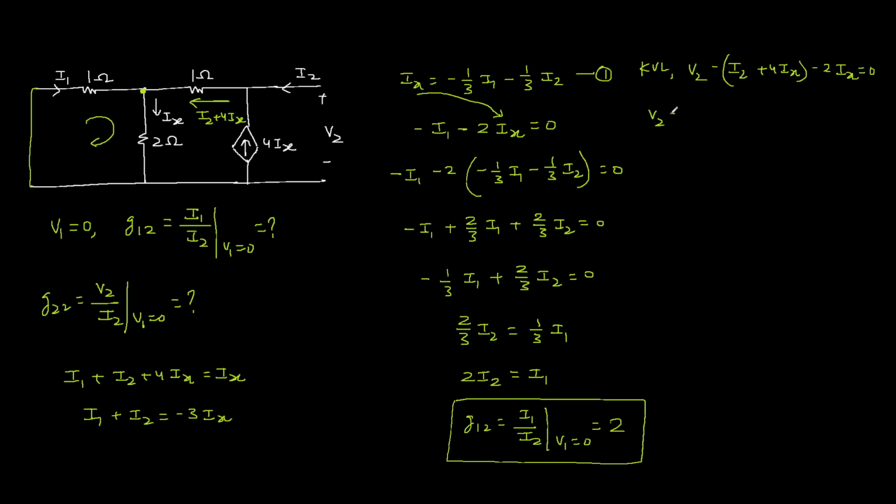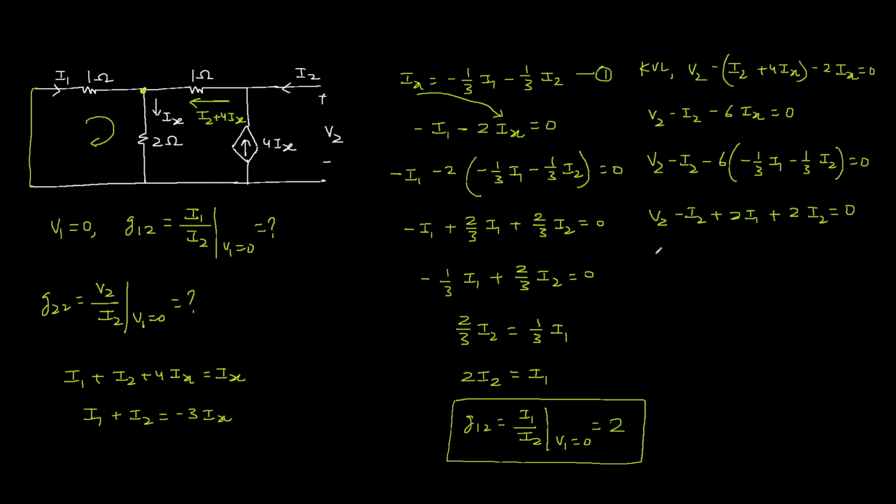So this is V2 minus I2 and then minus 4Ix minus 2Ix is minus 6Ix. Now let's replace Ix from equation 1 in this equation. So V2 minus I2 minus 6 into minus 1 by 3 I1 minus 1 by 3 I2 equal to 0. So V2 minus I2, then minus minus plus 6 by 3 is plus 2 I1, and then plus 6 by 3 is 2 I2.